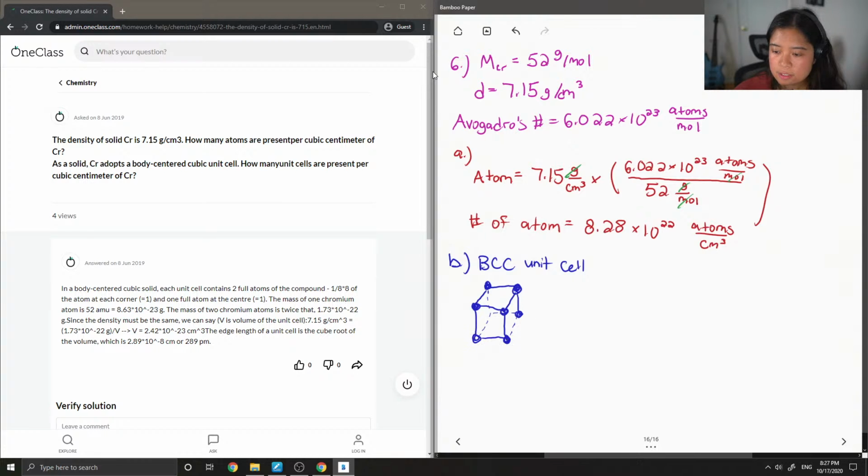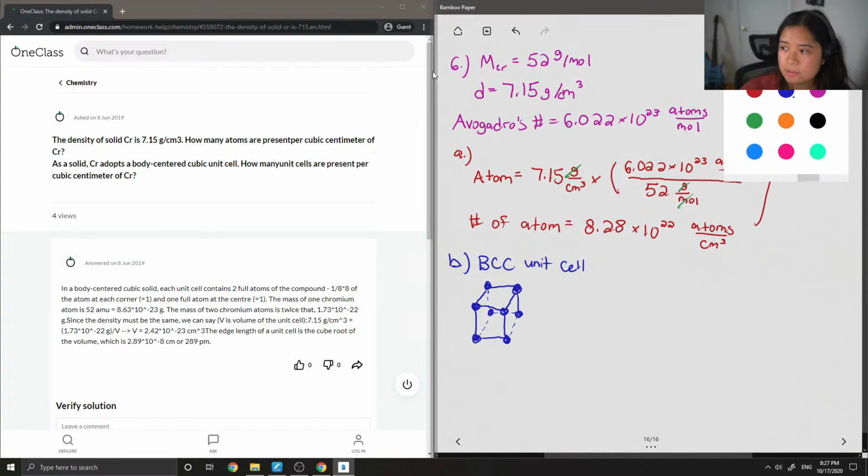You can see that each corner contributes 1/8 of an atom. And also in a BCC unit cell, you have a single whole atom in the middle here.